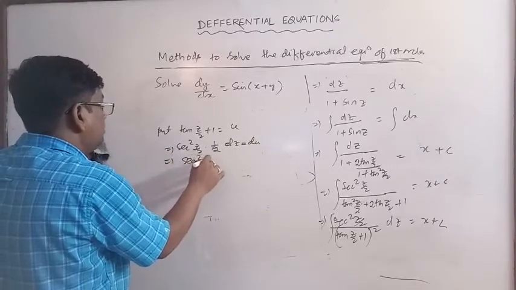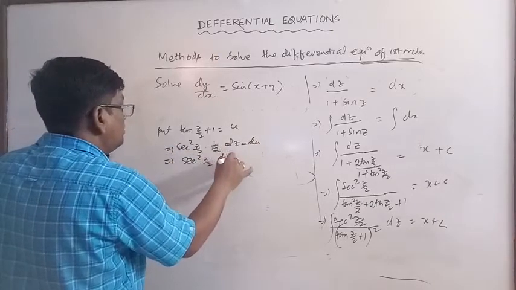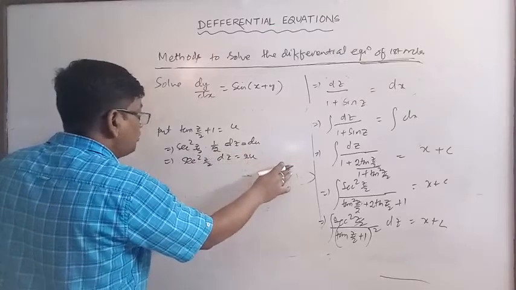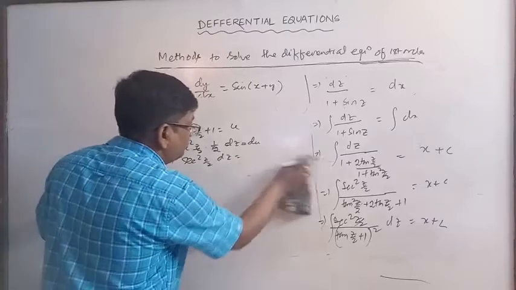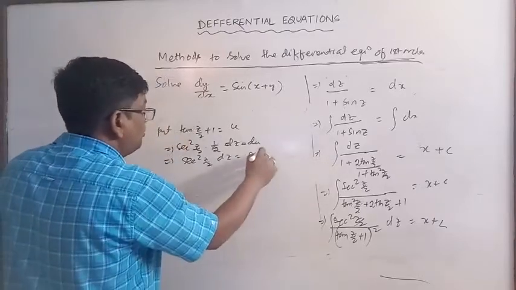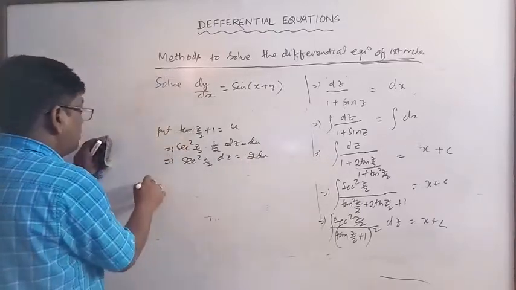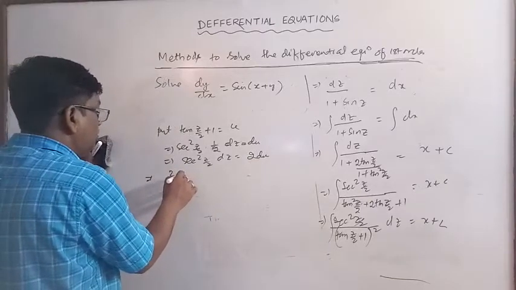Sec square z by 2 dz is equal to 2 du. So that is equal to 2 into du.